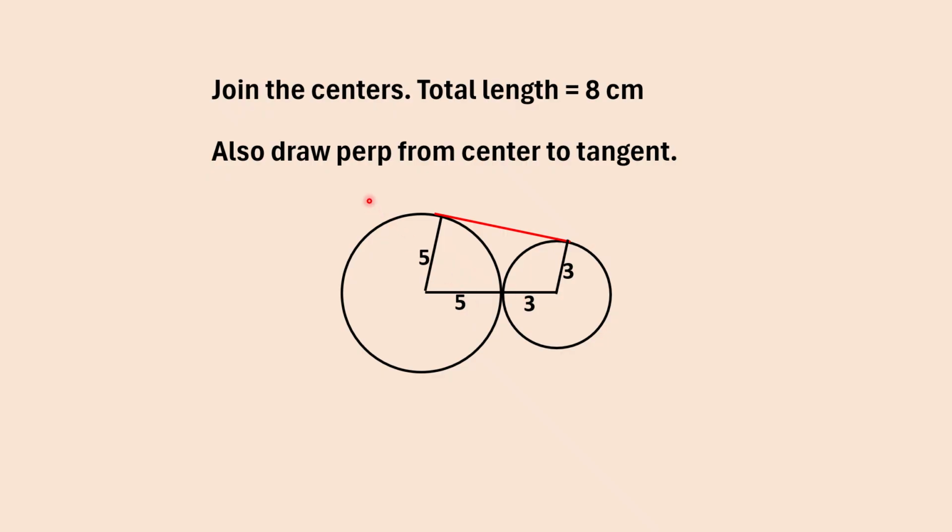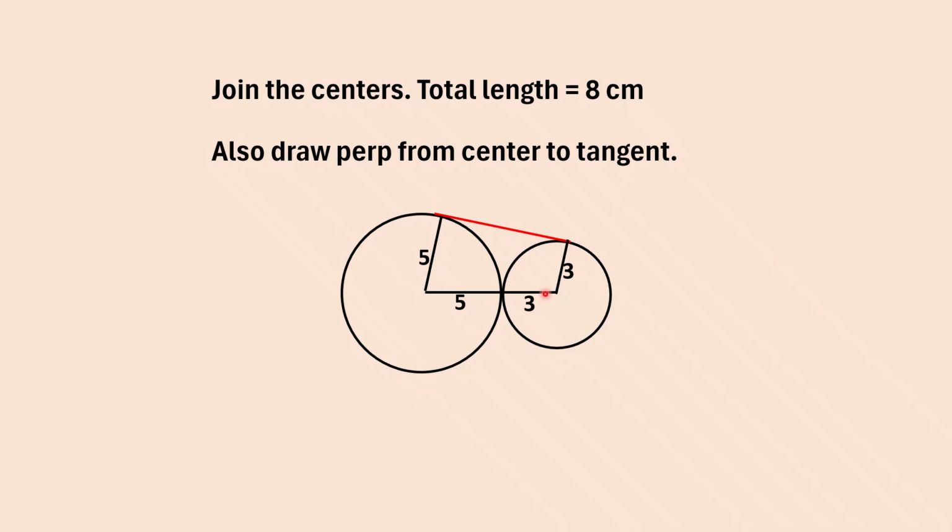We also draw radii perpendicular to the tangent. So in each circle, we draw a radius perpendicular to the tangent. In the larger circle, this radius perpendicular to the tangent will be 5 centimeters, and in the smaller circle the radius perpendicular to the tangent will be 3 centimeters.